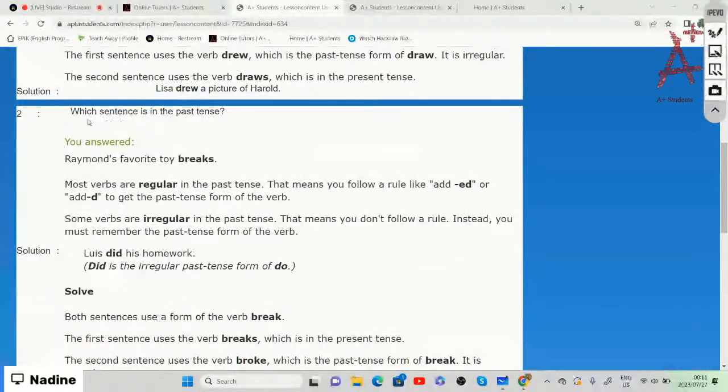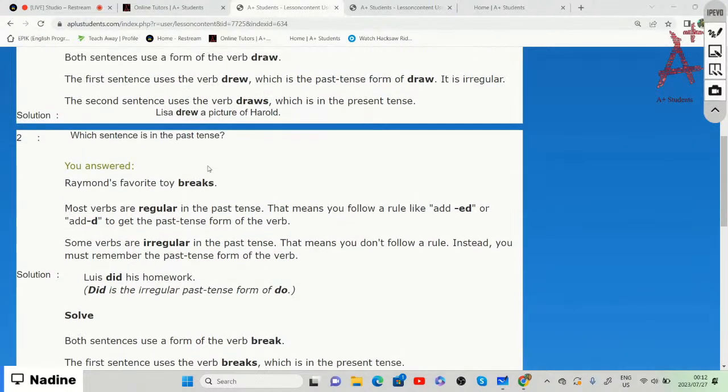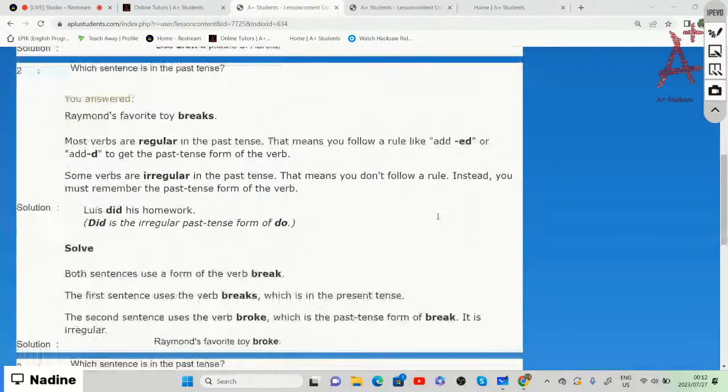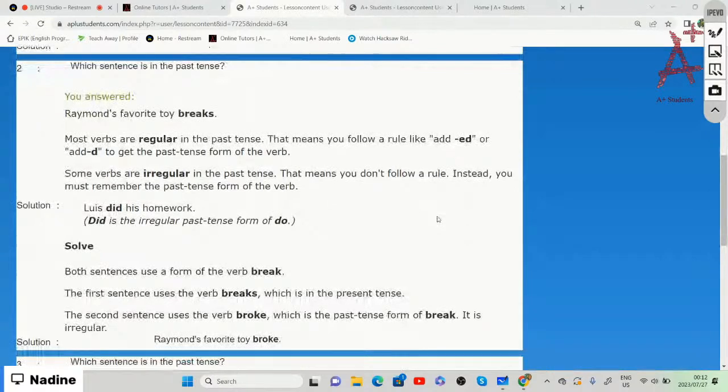All right, so which sentence is in the past tense? Raymond's favorite toy breaks. We need to choose the correct past tense form of the word breaks. Remember, we said that when it comes to irregular past tense verbs, there's no rule that we need to follow.